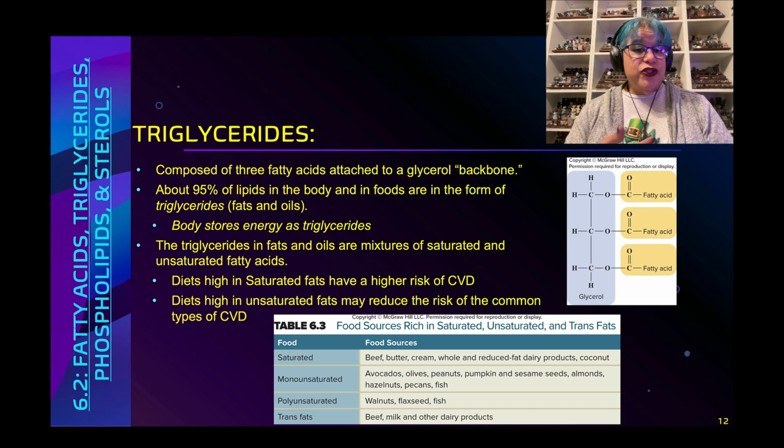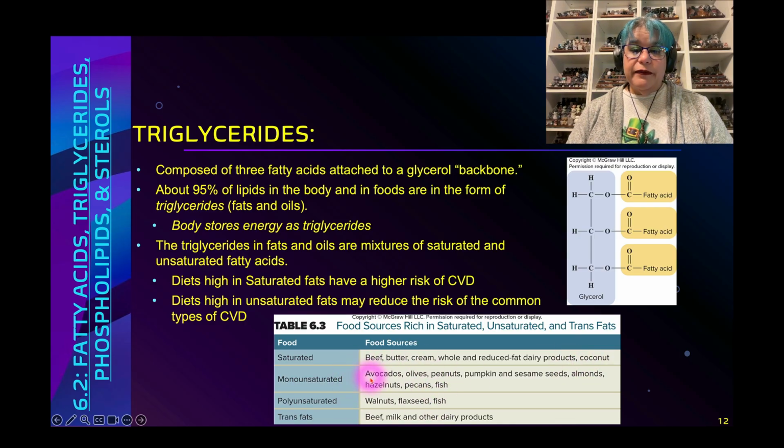Diets high in unsaturated fats may reduce the risk of more common cardiovascular diseases. So where do we find them? Saturated fat can be found in beef, in butter, in cream, whole and reduced fat dairy products, and coconut. Coconut oil is actually a solid at room temperature, so it's saturated.